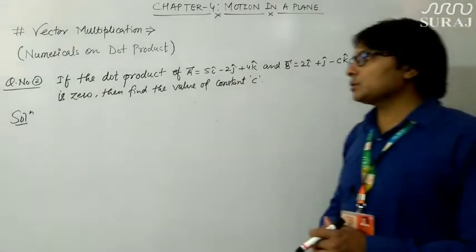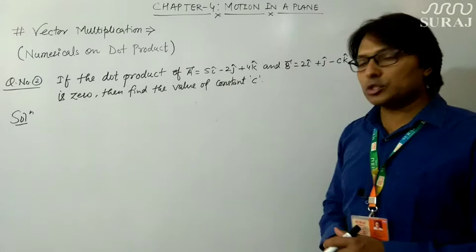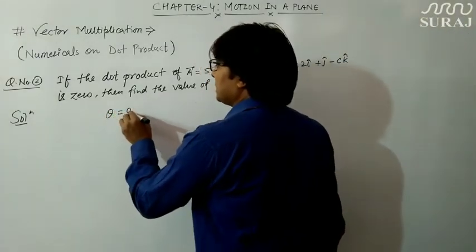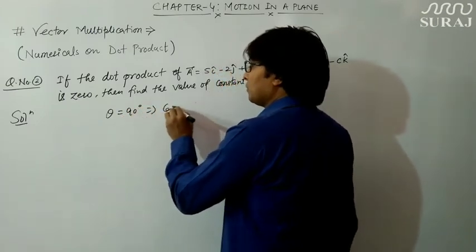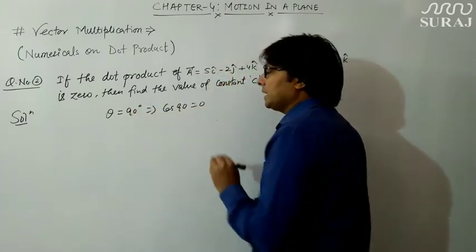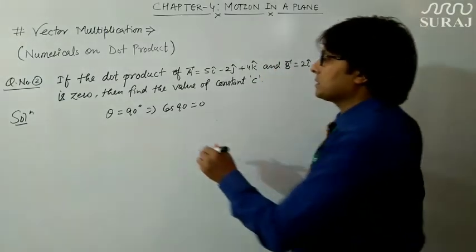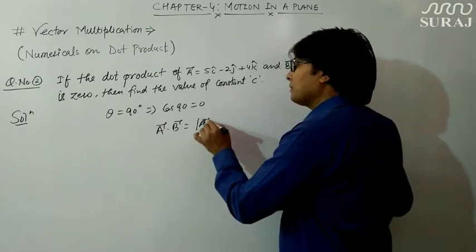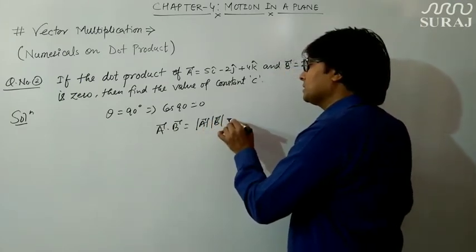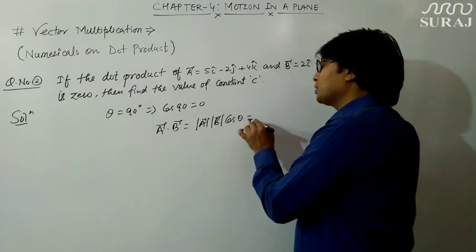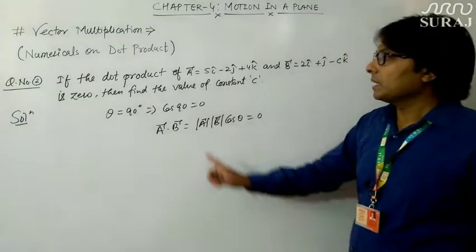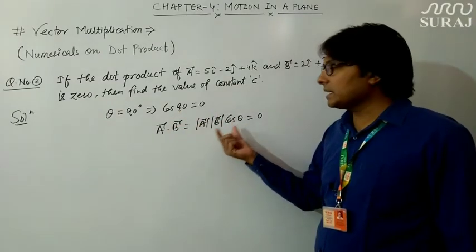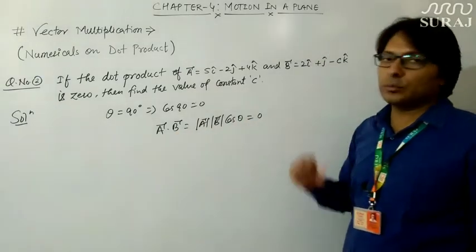So if I ask you when the dot product is going to be 0, you will say if the angle theta is equal to 90 degrees, then cos 90 will become 0, and the dot product of two vectors, a vector dot b vector, is equal to mod of a vector into mod of b vector into cos theta, going to be 0, because if theta is 90 degrees, then definitely a vector dot b vector is going to be 0.